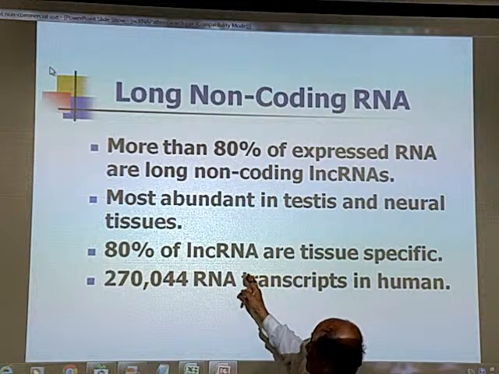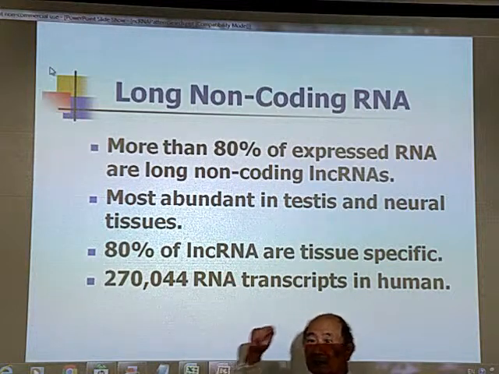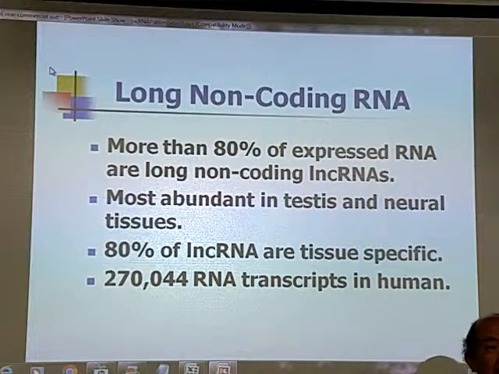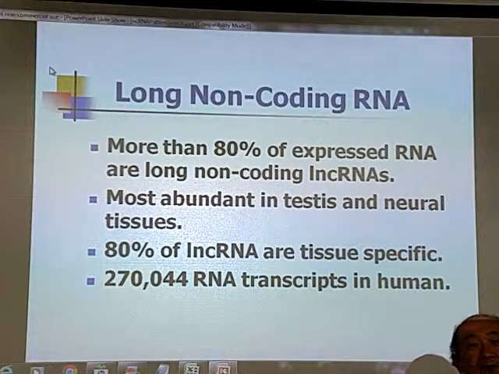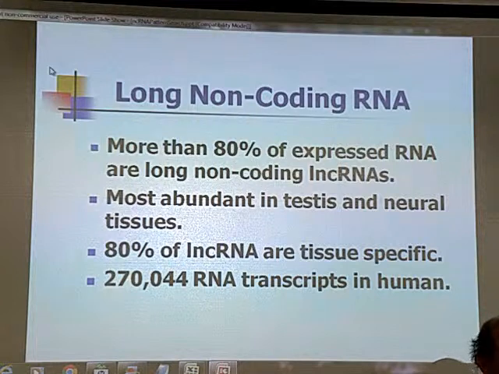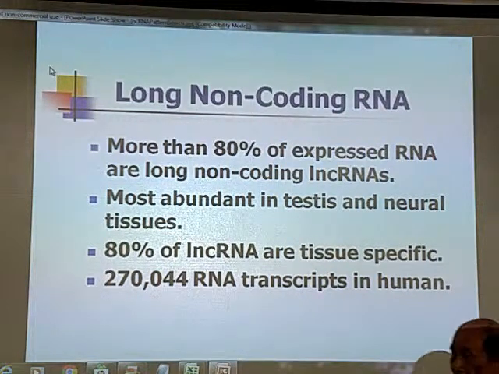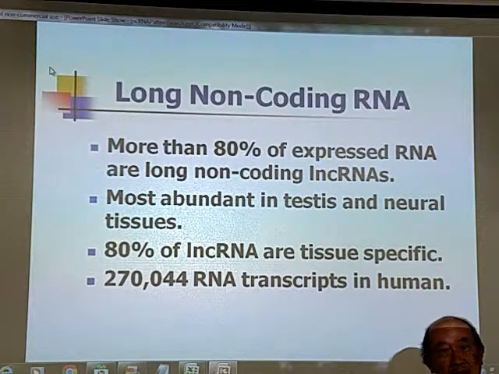From there we know that the long non-coding RNA contains important information for different cells to operate differently. We don't know what they are doing, but we know that they are doing something important because we found different long non-coding RNA in different tissues.